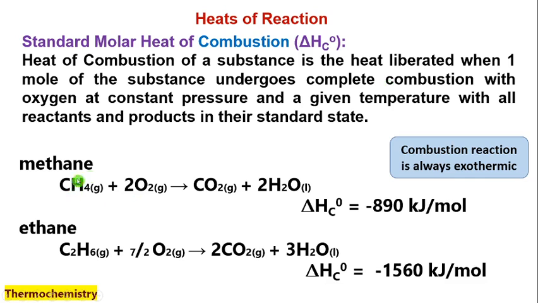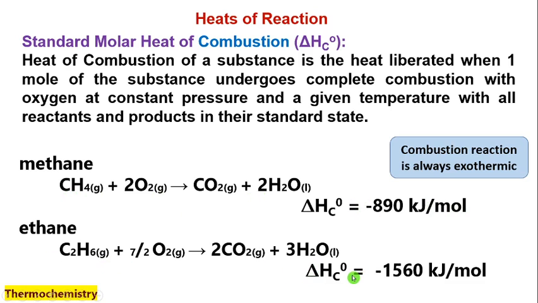So you have to write a combustion reaction first: oxygen reacting with 1 mole of the particular molecule, all the chemicals in their standard states because we are writing standard, and carbon dioxide and water are produced. In a simple way, write the molecule reacting with oxygen, products are carbon dioxide and water, and balance the reaction with the molecule of interest at 1 mole. The heat of reaction you get is in kilojoule per mole for that particular combustion reaction.